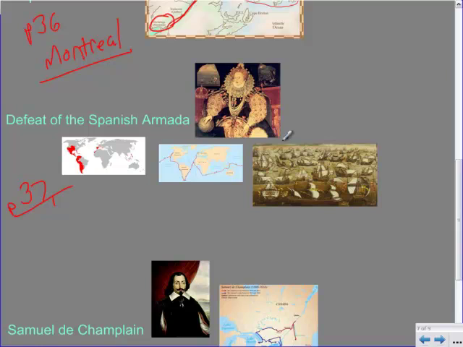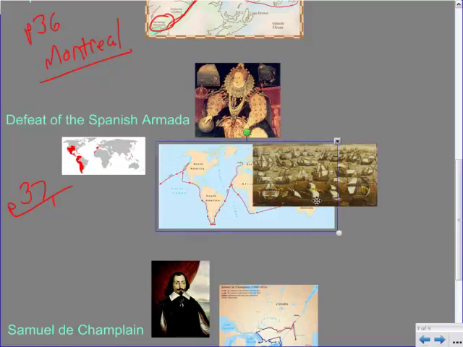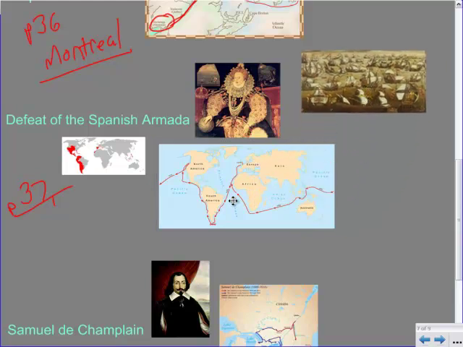Basically what you need to know is what I had just been talking about. England challenges Spain at sea. She sends Sir Francis Drake on this huge, long 3-year journey, raiding all of these Spanish ports and stealing all of Spain's resources and gold and all this kind of stuff.